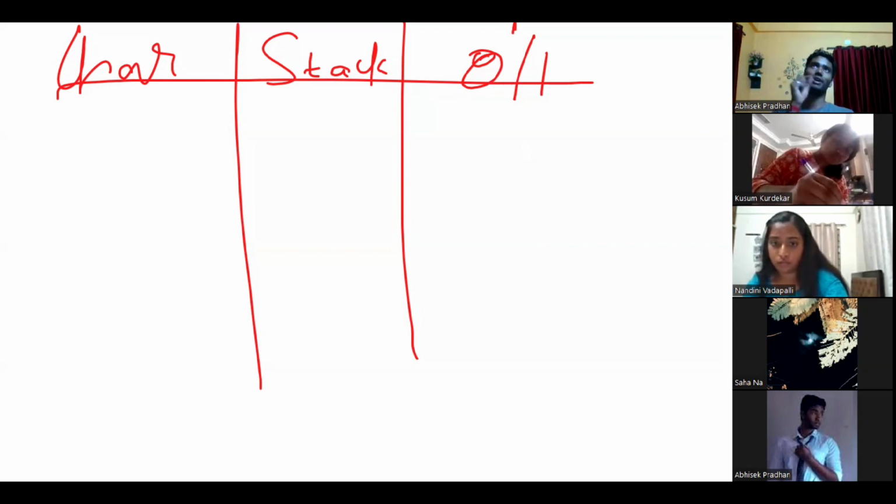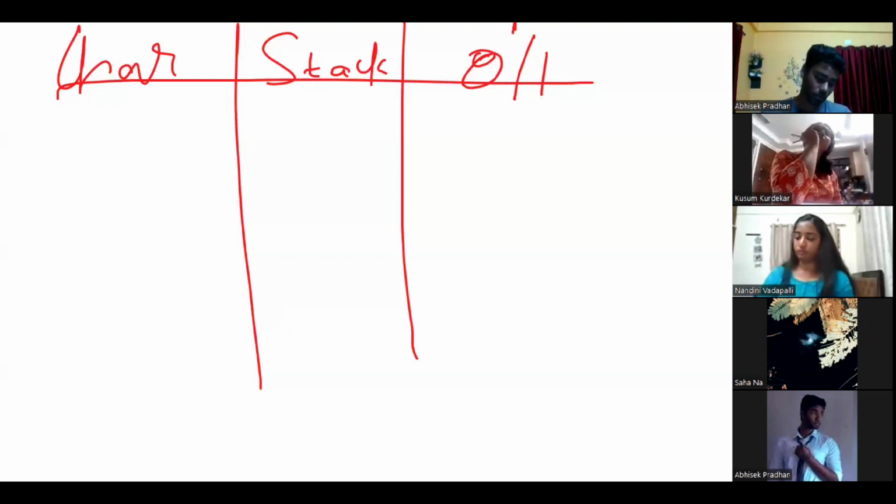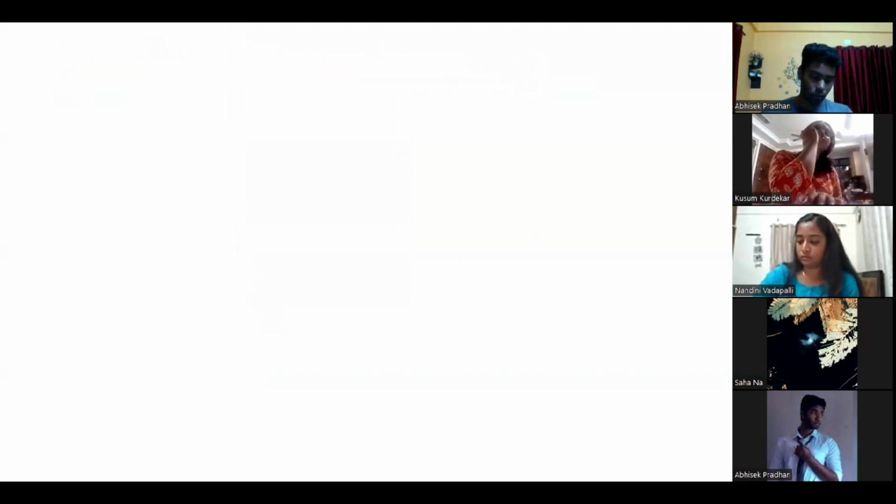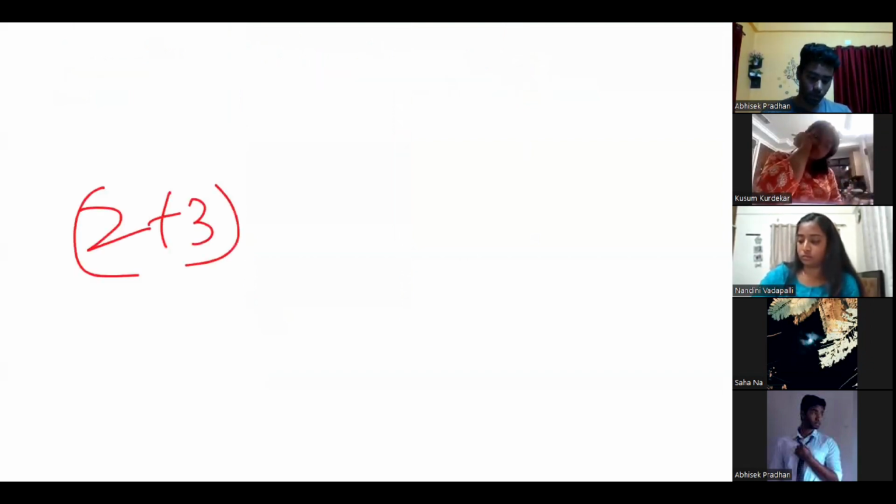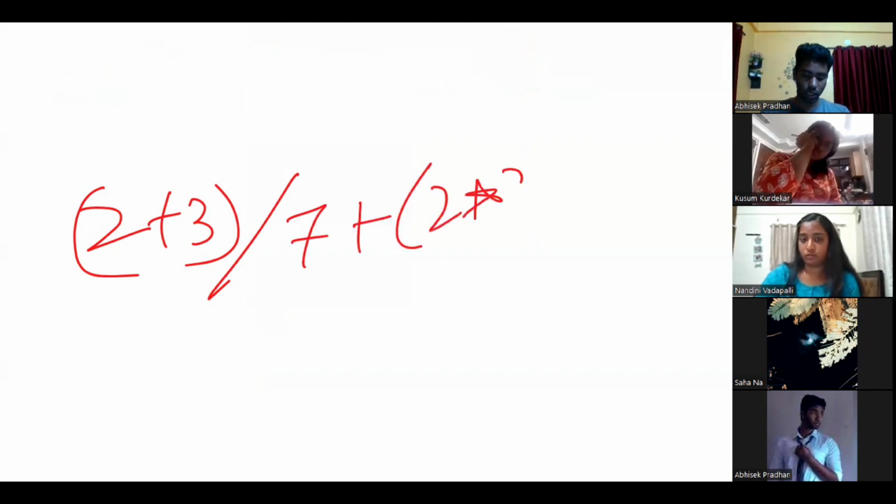For example, if you have an equation like bracket 2 plus 3, bracket close, plus bracket 2 plus 3, bracket close, plus 7, and plus a different bracket. In that case, as per our mathematical rules, we need to evaluate the brackets first. For example, let us consider the expression 2 plus 3 by 7 plus 2 into 3.